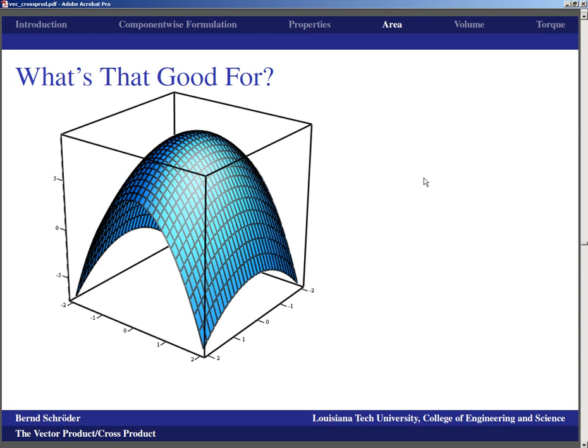To compute the area of a surface such as this one, we will compute the areas of small parallelograms and add them up using an integral, or technically a double integral. This will allow us to compute surface areas of arbitrarily complicated shapes, which is certainly geometrically interesting.